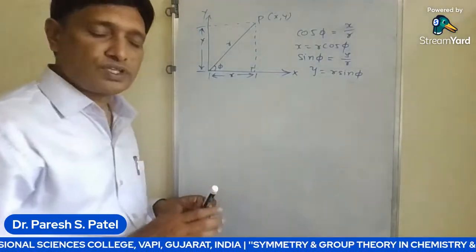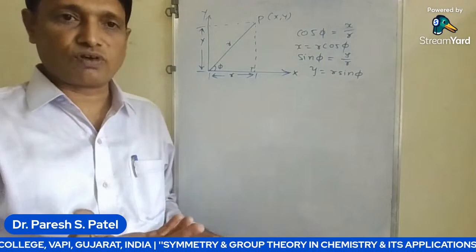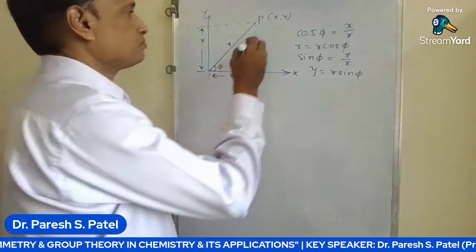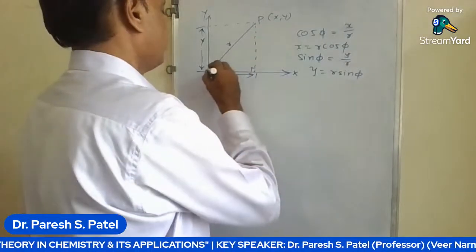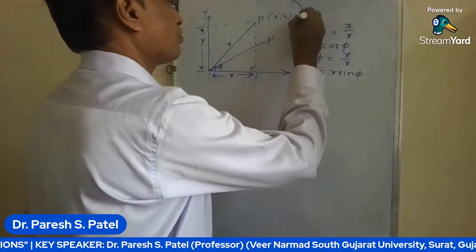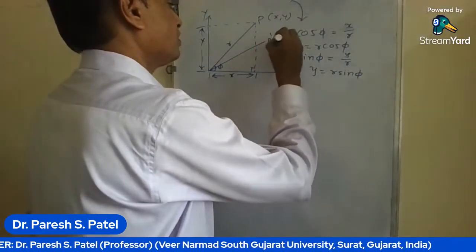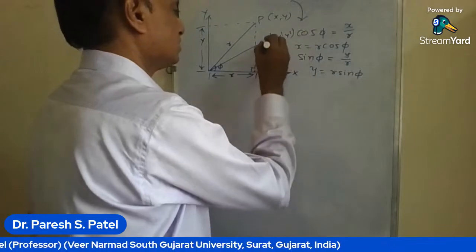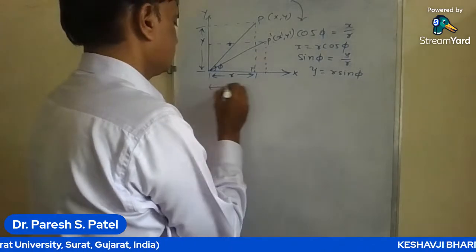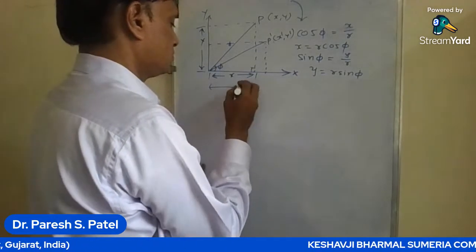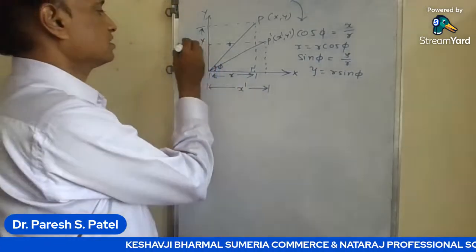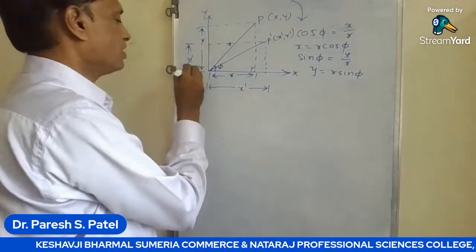Now this is the clockwise rotation. If we rotate this vector p to p dash with the coordinates x dash and y dash, x becomes x dash and y becomes y dash.